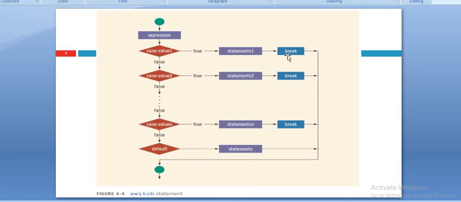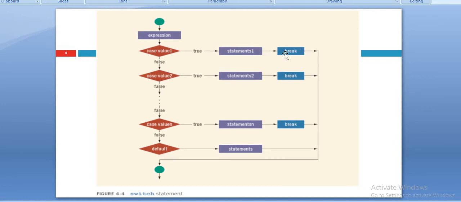What this break does, for example, if user inputs the value for this day variable as 1, then this condition is true in fact, and the result will be printed, means Monday. And yes, this is our final selection.